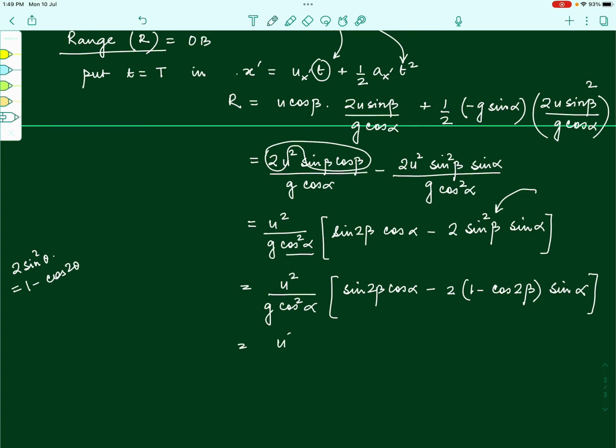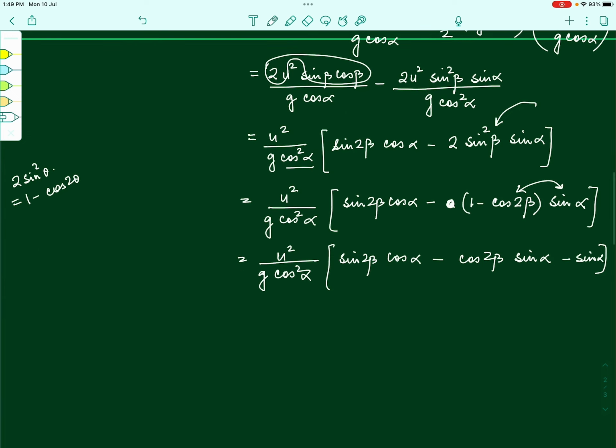Now when we open this up, see that we'll get a trigonometric identity. We'll have sin 2 beta into cos alpha minus, okay, this 2 is not there now, we have already used it in the formula, and when we open up the bracket, we'll get cos 2 beta into sin alpha. I've taken the product of these two terms first, and then there is a minus sin alpha which will remain separately.